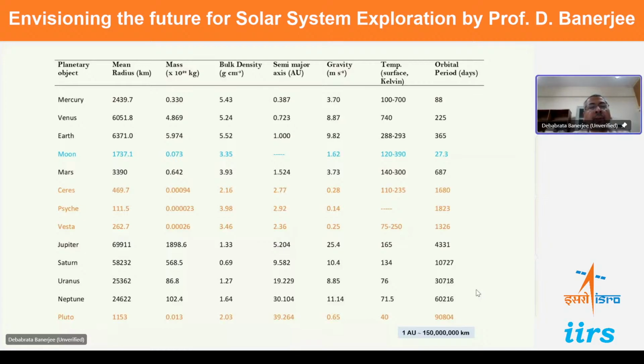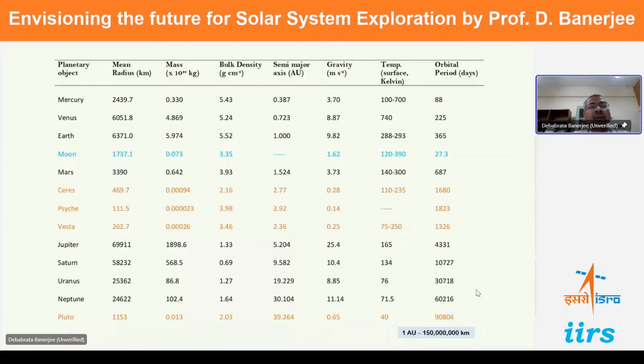So the inner solar system is represented by the asteroid belt and Mercury, Venus, Earth, Moon, and Mars. And then, of course, you have these dwarf planets or asteroid belt constituents, for example, Ceres.